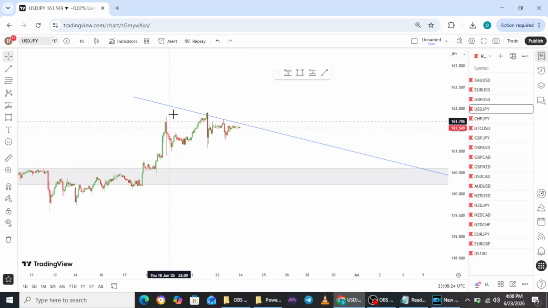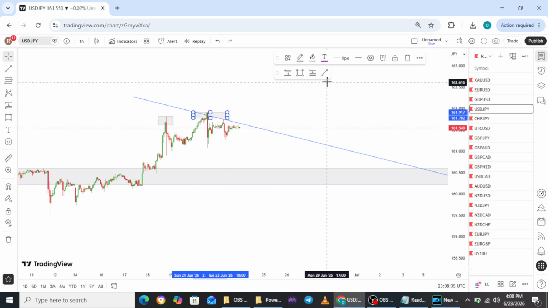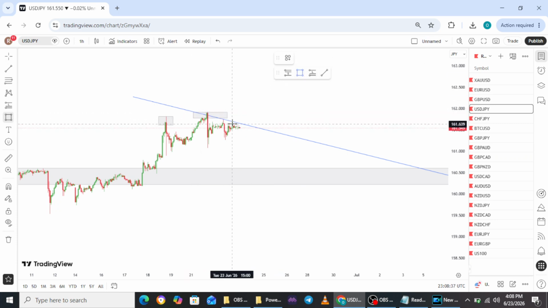When you check, you will see that there is a high level of exhaustion. You can see, this is a high level of exhaustion. Another one. So I can call this a head and shoulder pattern, even though it's not that clear.